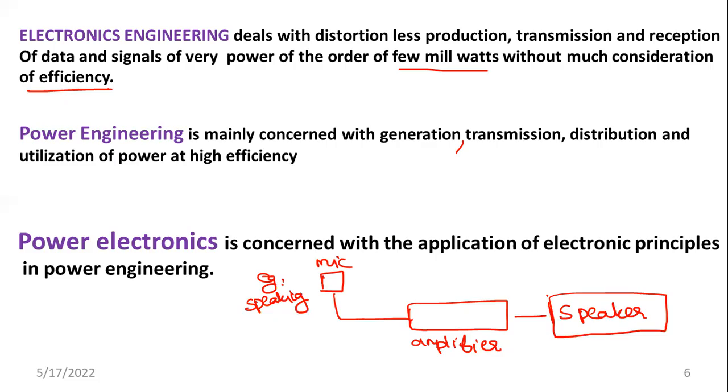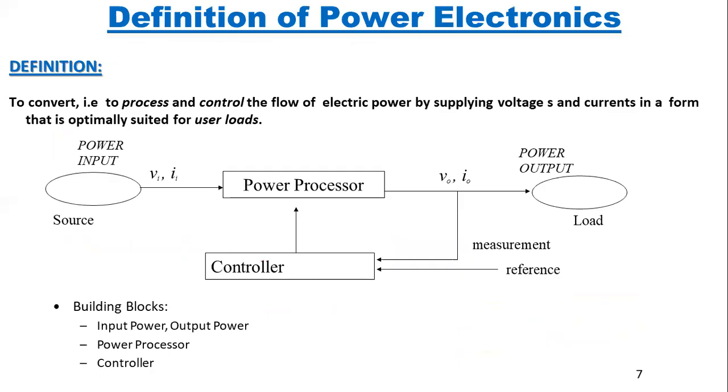Okay, so now here we are talking about power electronics. Basically we can define it as processing and controlling the flow of electric power by supplying voltages and current in a form that is optimally suited for the user loads. We have an input, we give that to a power electronic system. I'm introducing a new word, power electronic converter.